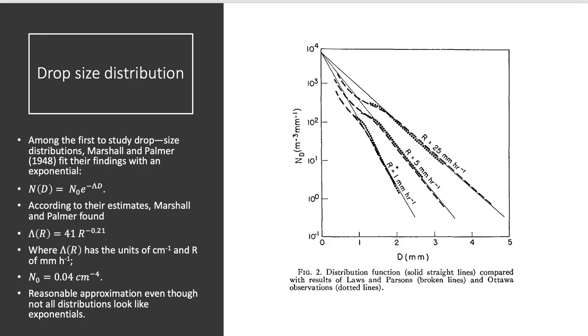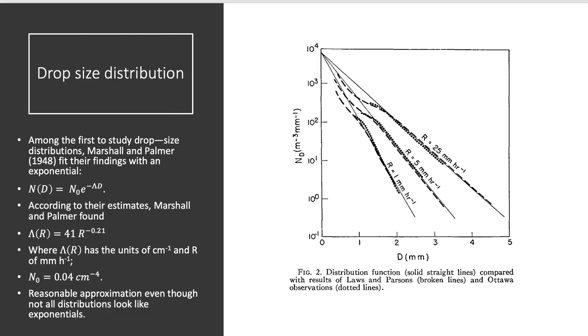And these are curves for different n0, for different precipitation rate. These are actually measured from observations.